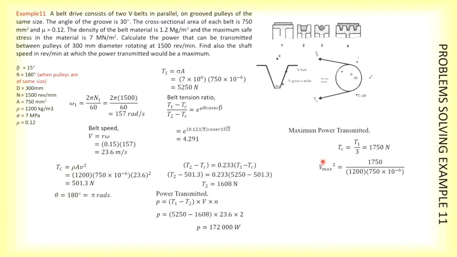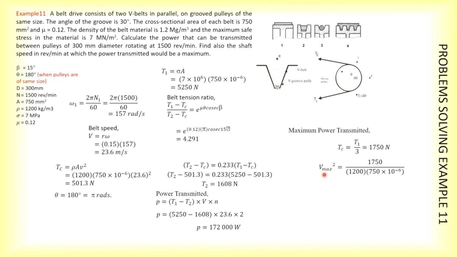And also the Vmax formula. You can find out the Vmax, because TC equals rho A V squared. So V would be equal to Vmax, but this time Vmax is unknown.